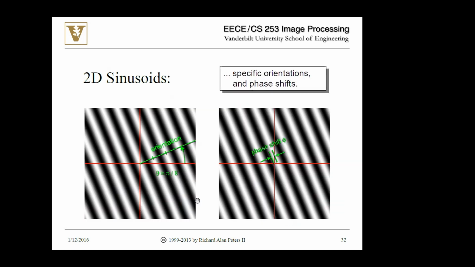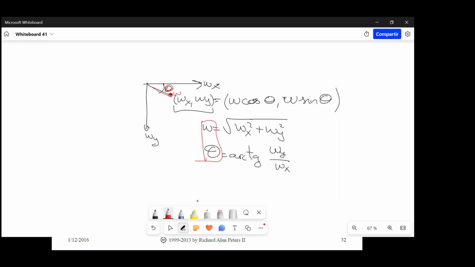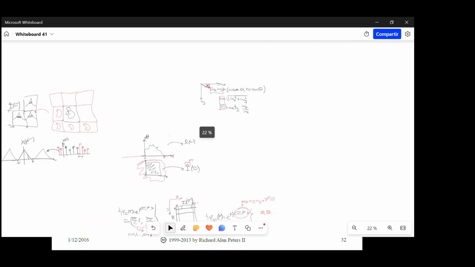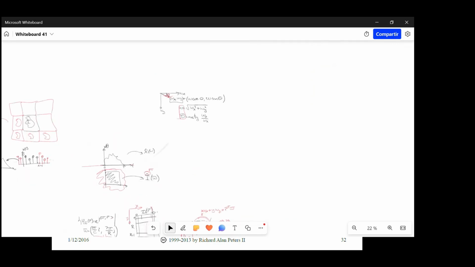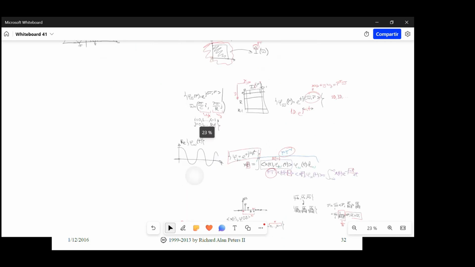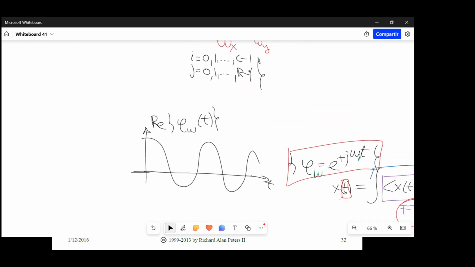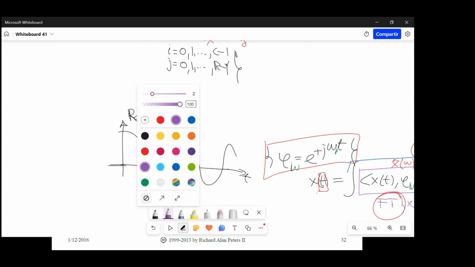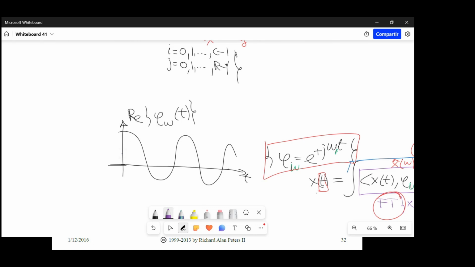And then we have the phase shift. In the way that we had before, we had a wave somewhere. I can plot a new one that is shifted with respect to it. It has the same wavelength, but it is shifted.